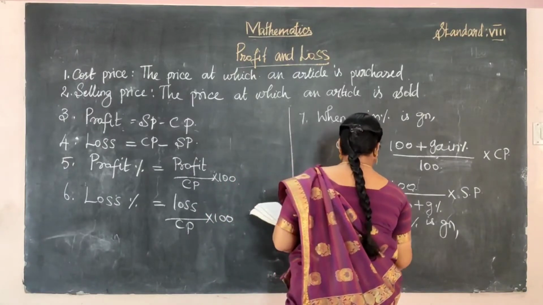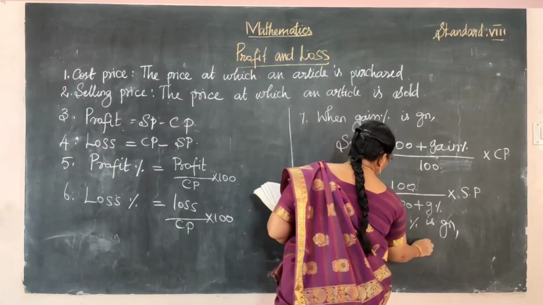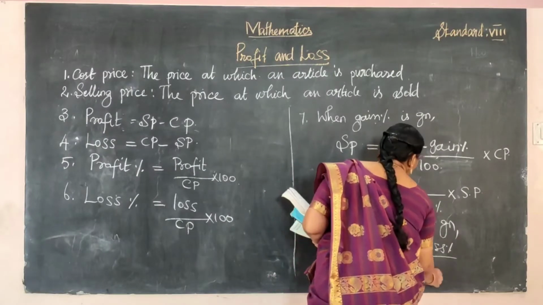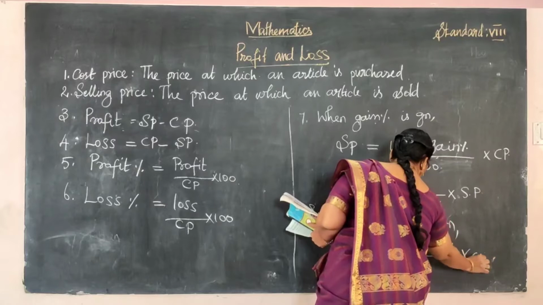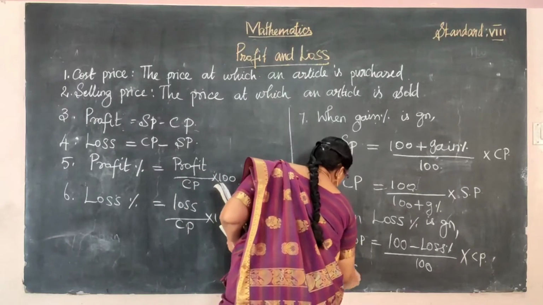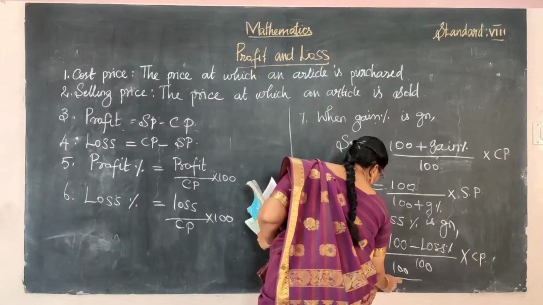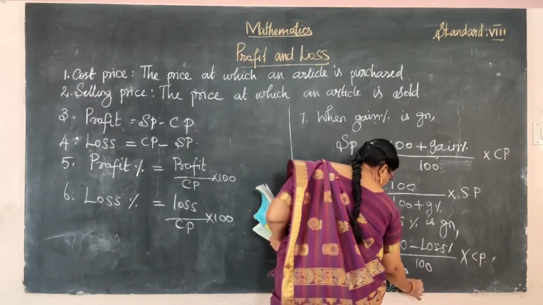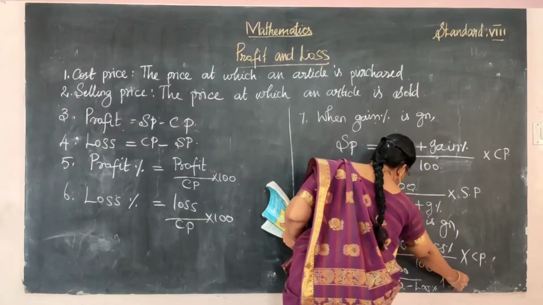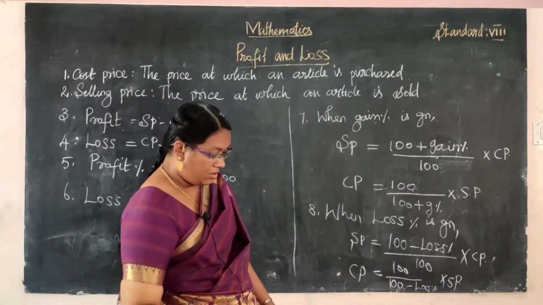SP equals, for loss, put minus in this place: (100 minus loss percentage) divided by 100, into CP. And next, CP is the same in reciprocal: 100 divided by (100 minus loss percentage), into SP, where SP is selling price.